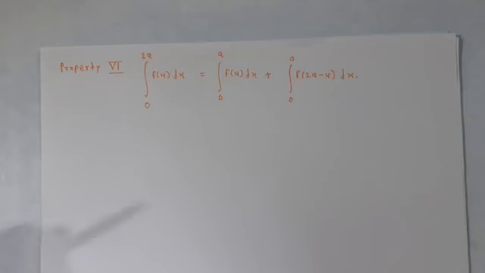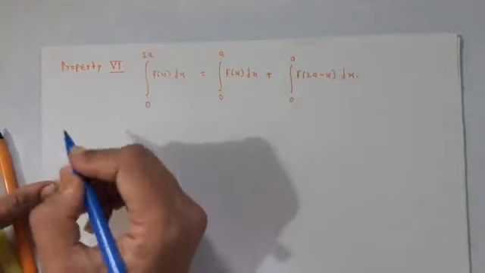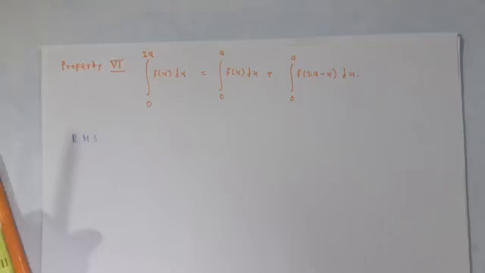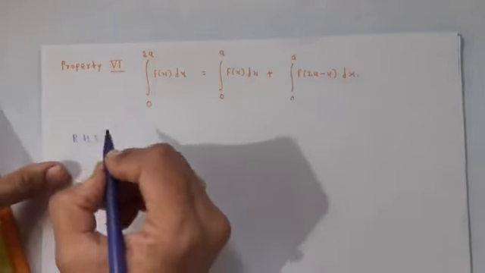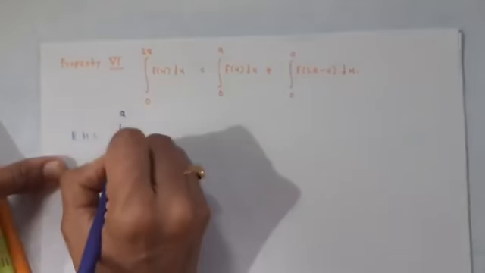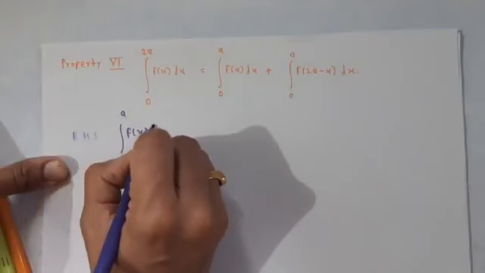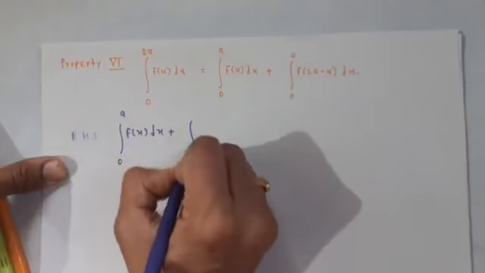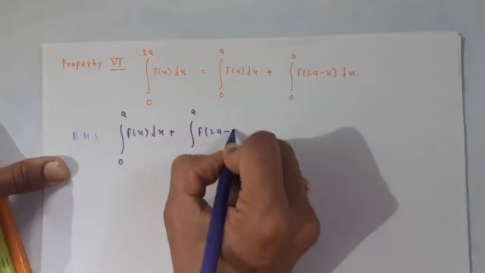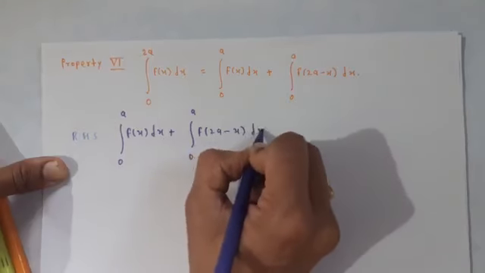Okay, so the RHS of the integration is the integration from 0 to a of f of x with respect to x plus the integration from 0 to a of f of 2a minus x with respect to x.